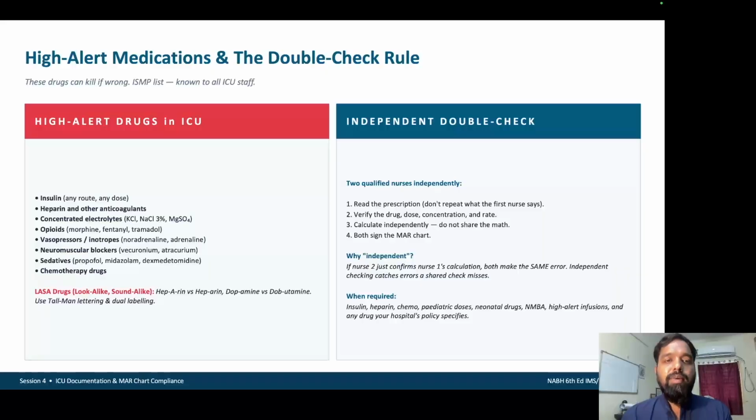Regarding the high alert medications and double check rules, these drugs can kill if wrong. The list is very important. Every ICU staff should know this.